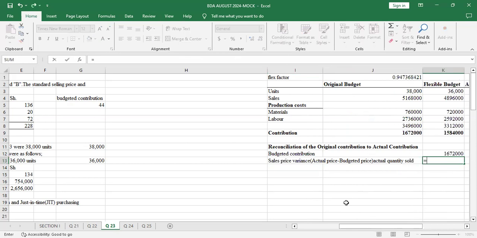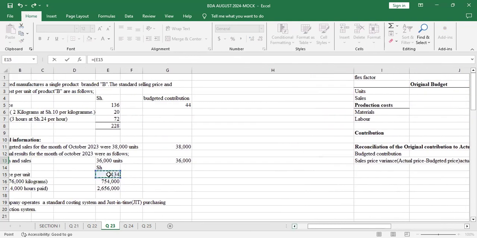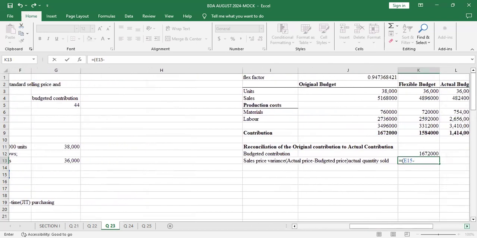So you just say equals to the actual price, the actual selling price, which was 134. You subtract the budgeted price, which was 136.